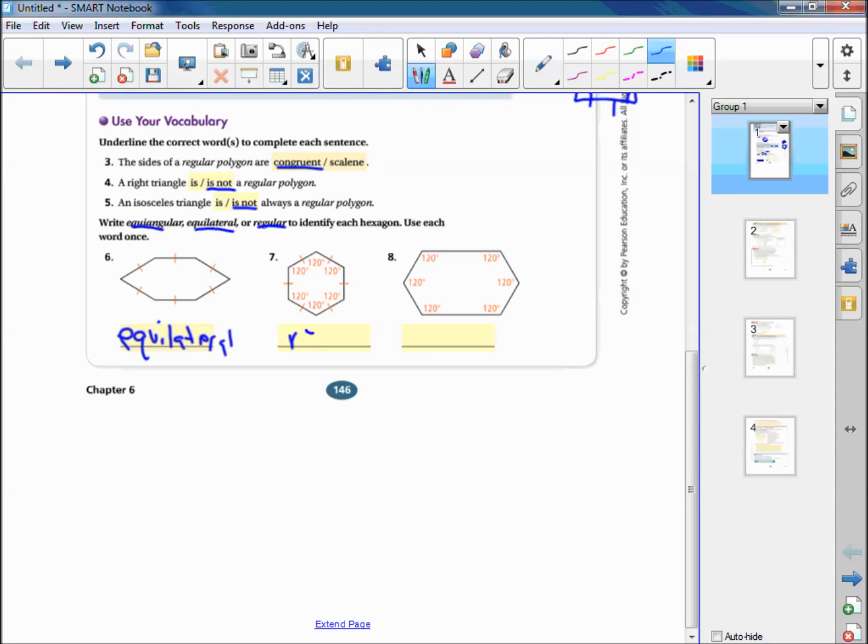All of the sides are the same and all of the angles are the same. Number 8, this is equiangular. All of the angles are the same, but the sides are different lengths. All the angles are 120, but you can see that the sides on the end are the same, but those 2 in the middle are too long.